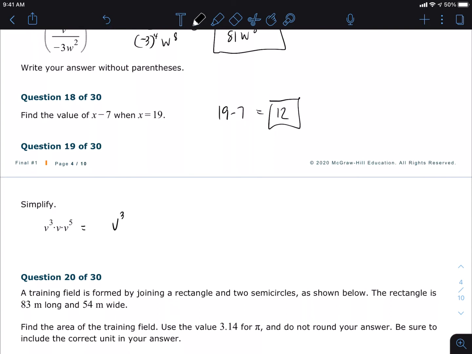Isn't that v to the 3rd times v to the 1st times v to the 5th? So I'm going to go 3 plus 1 plus 5, which should give me v to the 9th. Sorry, I was just muting someone. And there's my answer.